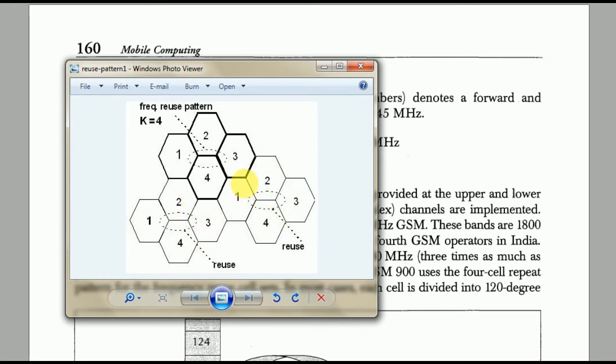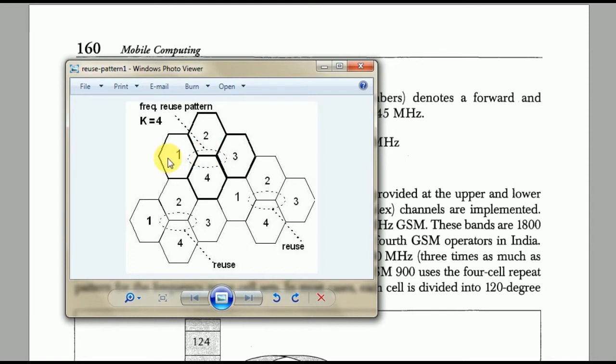In most cases each cell is divided into 120-degree sectors with 3 base transceiver subsystems in each cell. So cell 1 is divided into 3 120-degree sectors, and cell 2 is divided into 120-degree sectors. Each cell contains 3 sectors.